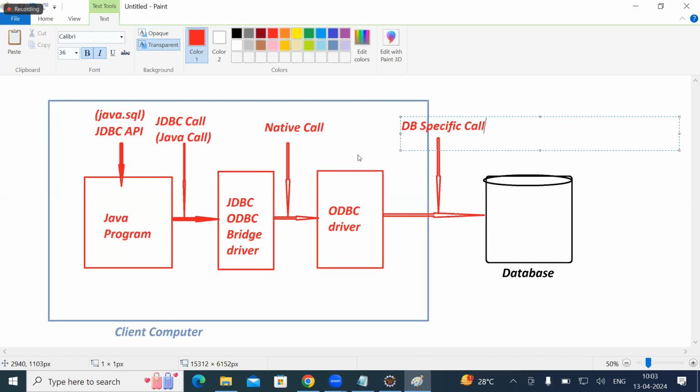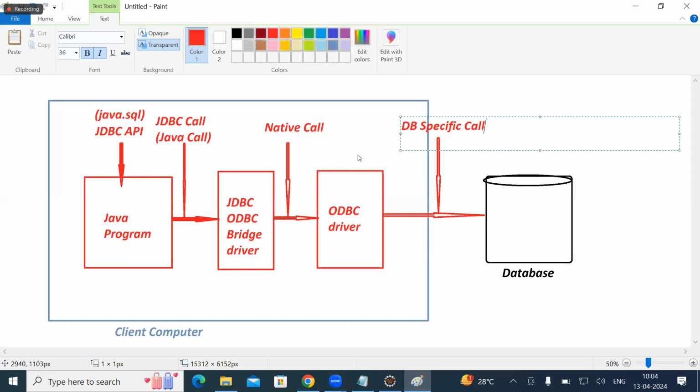Native means OS. This native call is converted into a database specific call by using the ODBC driver. ODBC means Open Database Connectivity driver. This is a platform dependent, OS dependent driver. Now, this Java call I must convert into an OS dependent driver call. Then only they will translate my call into database.